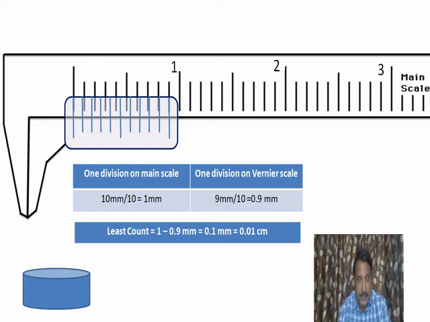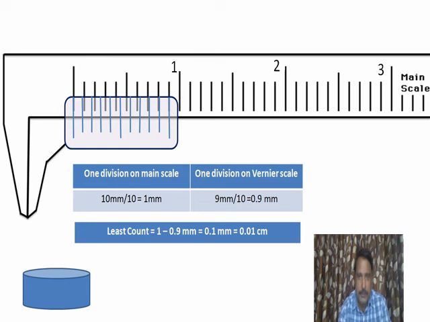And here, when you look at it from the right perspective, you would understand it is the same value, that is smallest division on main scale, which is 1 mm in this case, divided by the number of divisions on the Vernier scale, that is 1 divided by 10, that is nothing but 0.1 mm or 0.01 centimeters.